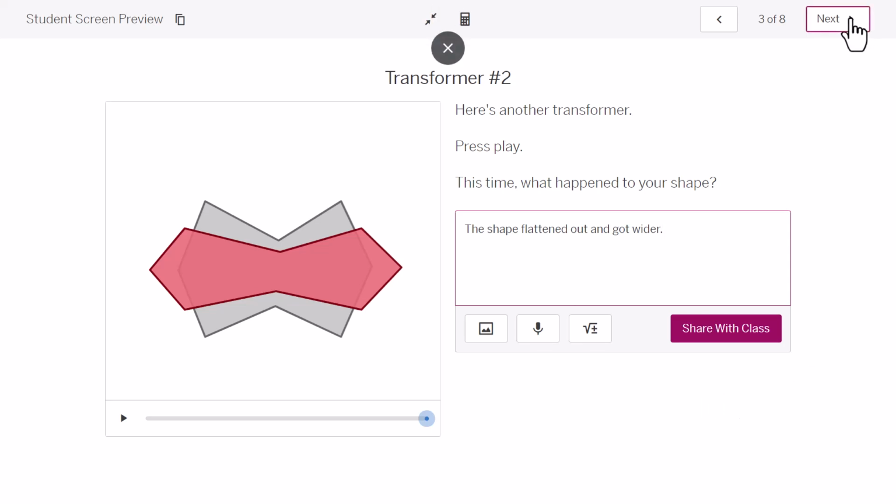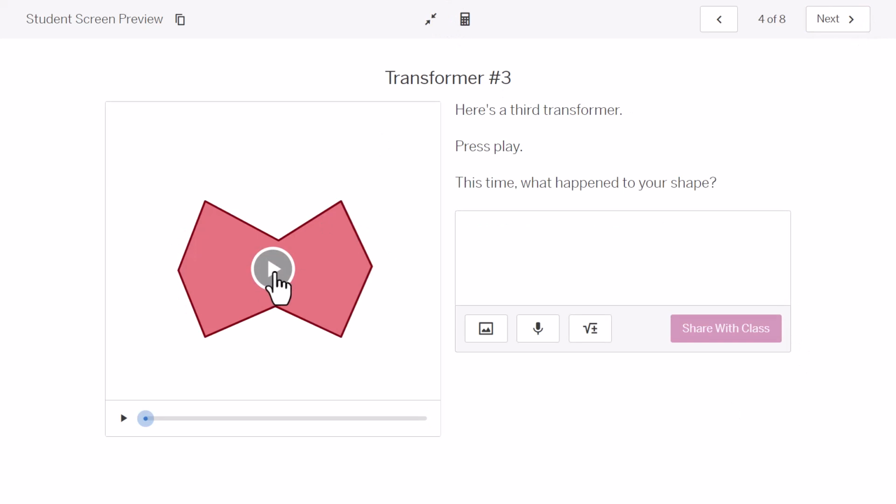Let's do one more. Here's our bow tie one last time. And you can see that this time, it looks like two things happened. We thought it was done, and then it kept going. I'm going to do it one more time, and we'll look at the two things that happened. So let's go ahead and describe the first transformation and then the second.